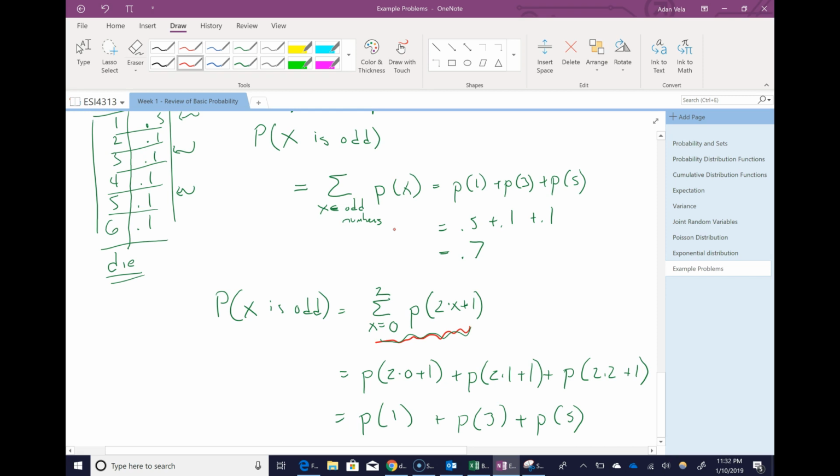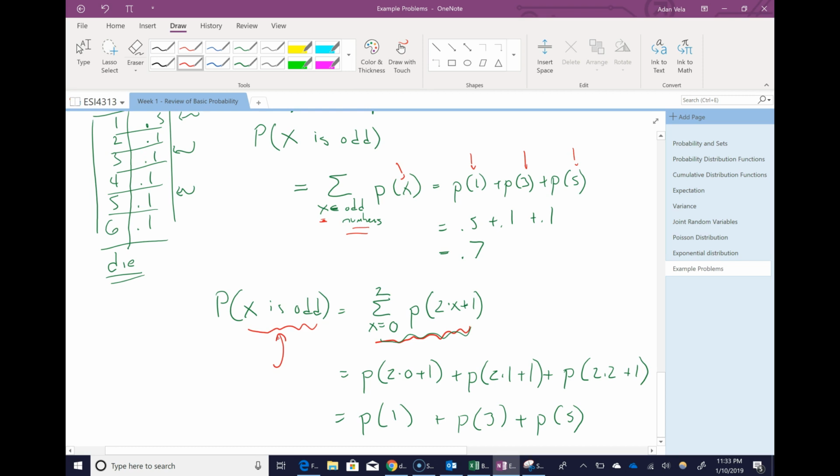We're going to sum over all x numbers that are in the set of odd numbers, and that way we just plug in 1, 3, and 5.